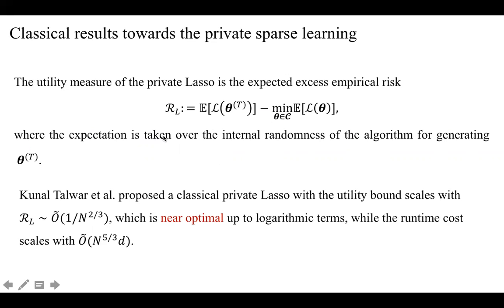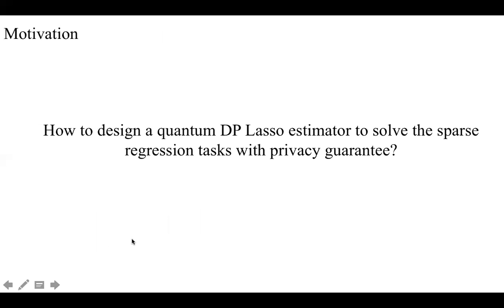Recently, Talwar proposed a classical private lasso estimator with a near optimal utility bound. However, his proposal requires an expensive runtime, which scales with O(n to the 5/3 times d). The classical result motivates us to rethink how to design a quantum DP lasso estimator to solve sparse regression tasks with privacy guarantee.